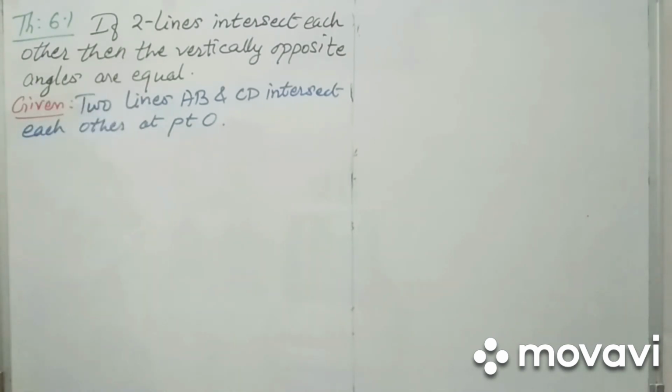Just now we have seen two vertically opposite angles are formed. Now we have to prove it.